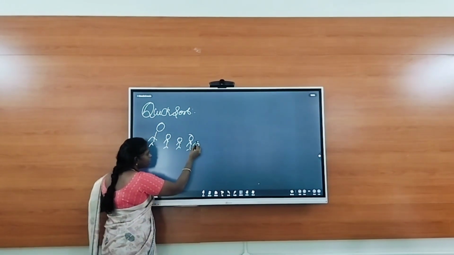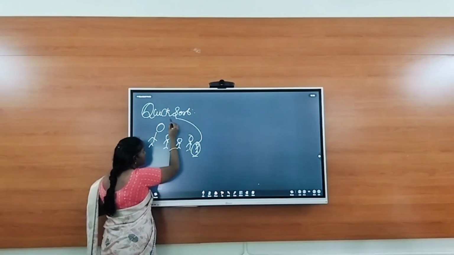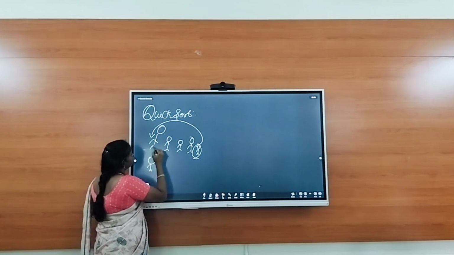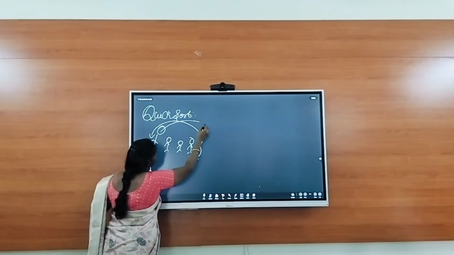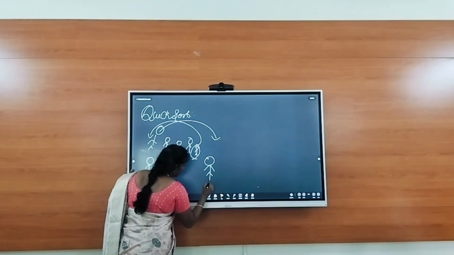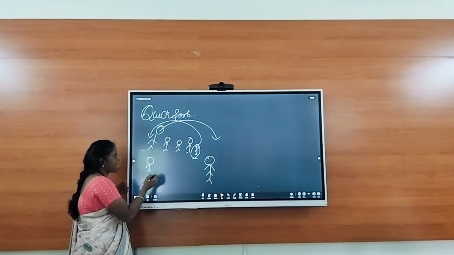So if it is the smallest in the class, we come in the front side. If it is the tallest in the class, we come in the last. The remaining students arrange themselves.